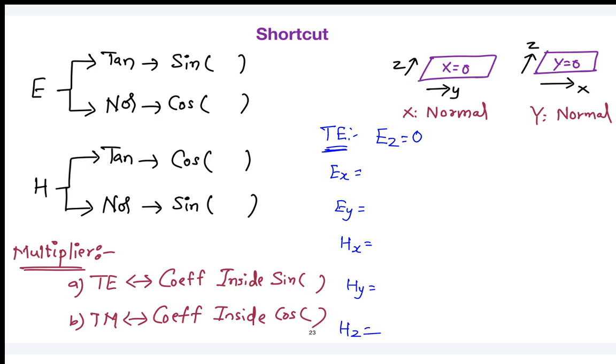First you write down all the equations for TE using the same shortcut I told you. After that, one by one, you can switch on your microphone and tell me what answers you are getting. Once anybody is done, you can reply. Okay, take your time and do it.